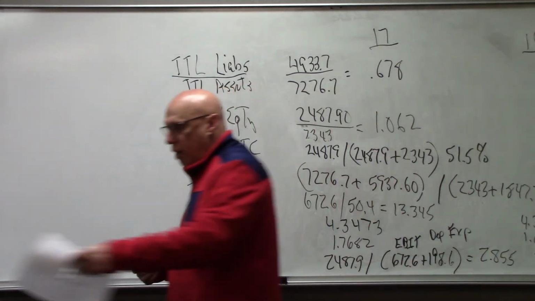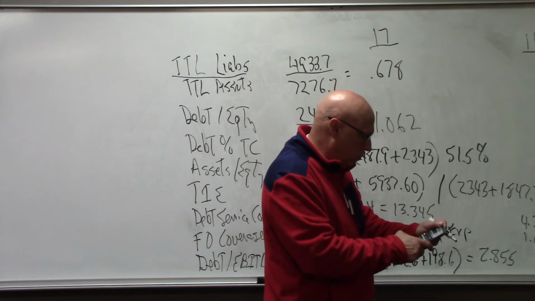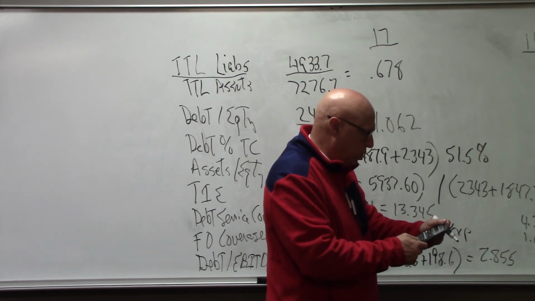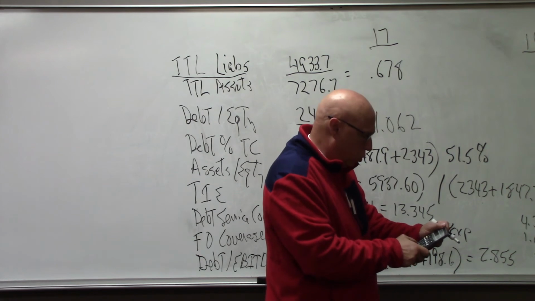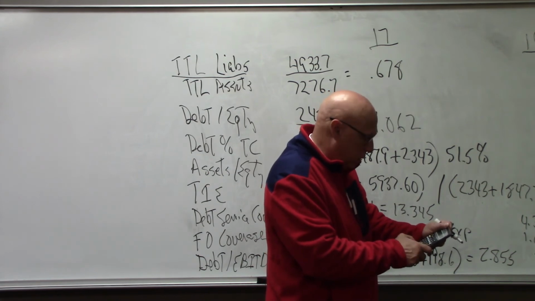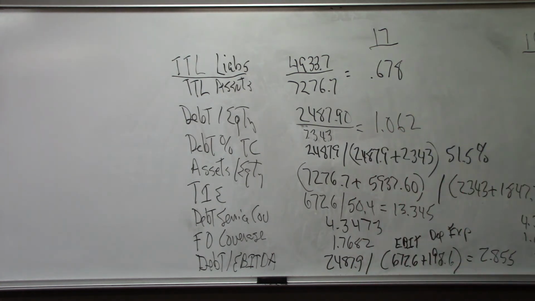Okay, so let's do that one. 559 plus 188 equals 747. So we'll store that one. So 2403.3 divided by, recall, 747 is 3.218.